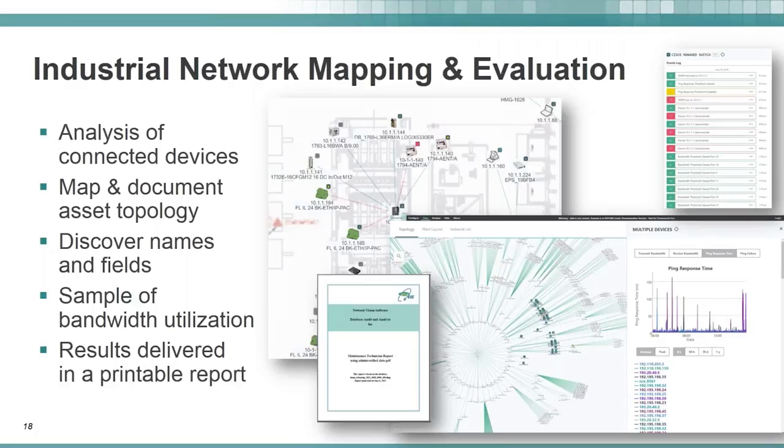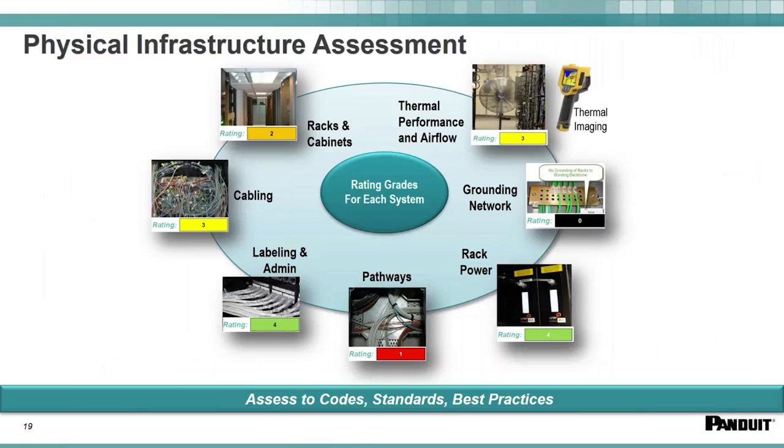We can see if we've maybe got excessive traffic due to propagation of unmanaged switches and things like that. Having a tool like this really aids us to identify what we've got deployed out on our network. And then we can use that information to evaluate against some different areas.